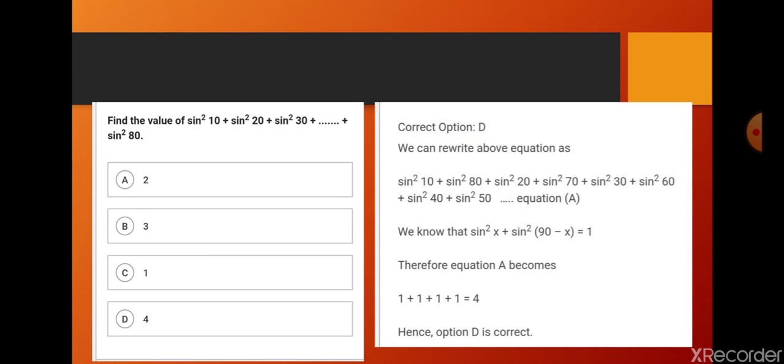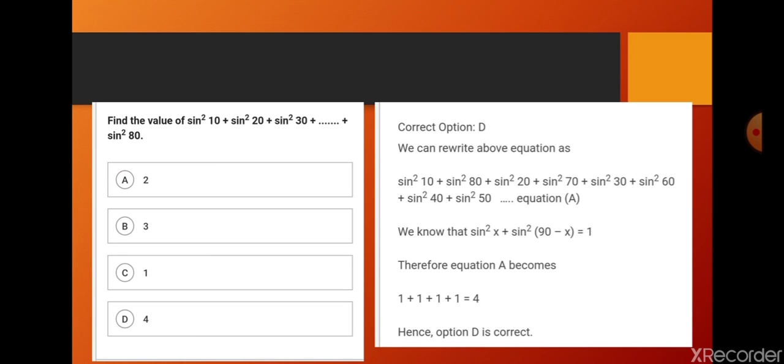The correct answer is D, because we can rewrite the above expression as sin square 10 plus sin square 80 plus sin square 20 plus sin square 70 plus sin square 30 plus sin square 60 plus sin square 40 plus sin square 50.